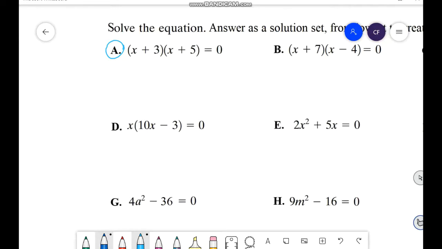We have x plus 3 times x plus 5 equals 0. You have to check what makes this equal 0 and what makes that equal 0. And then you're going to have the solution set. For each question on the quiz today, you can have at least two answers.